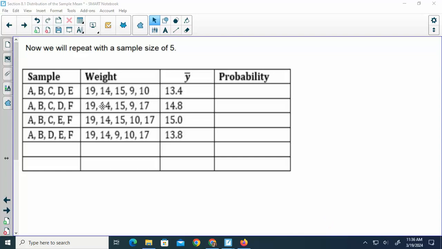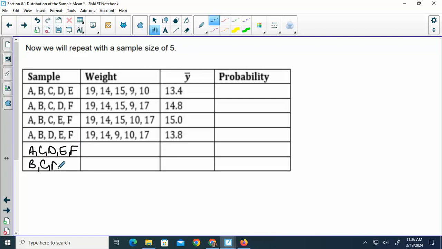So if I pick 5 pumpkins, basically we're leaving 1 pumpkin out. So you could leave out F, you could leave out E, D, C. Then we need the option where we don't include pumpkin B, and the option where we don't include pumpkin A. Okay, so to do this, we add up our weights.